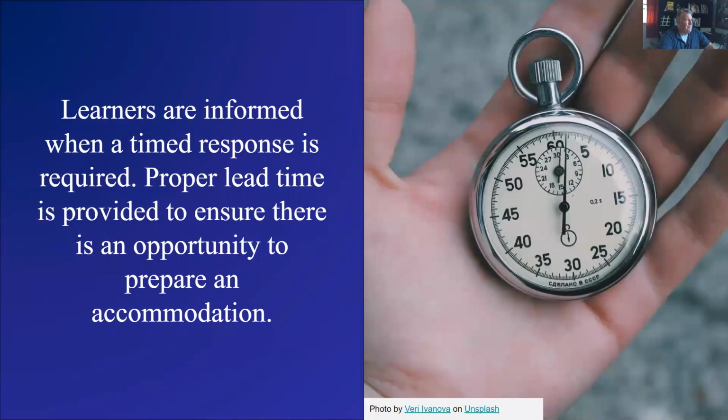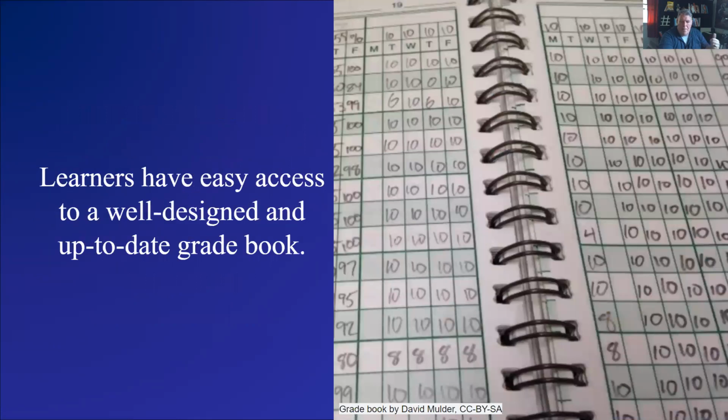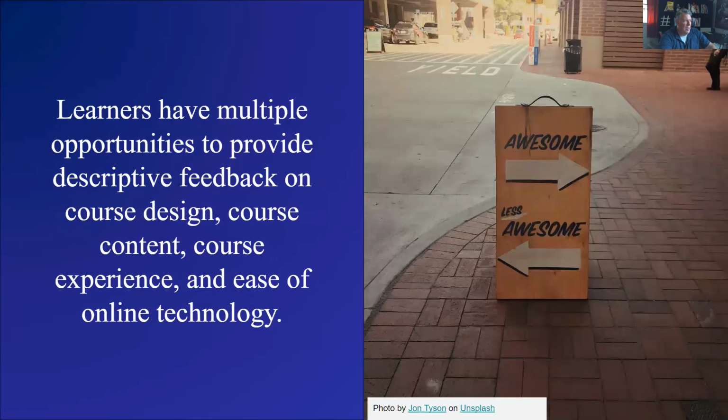And if you're giving anything that requires a timed response, that you give it in enough time that they can ask for accommodation if necessary. That you're making sure students have a well-designed and up-to-date grade book, and multiple opportunities to provide you feedback on how you can make the course better.